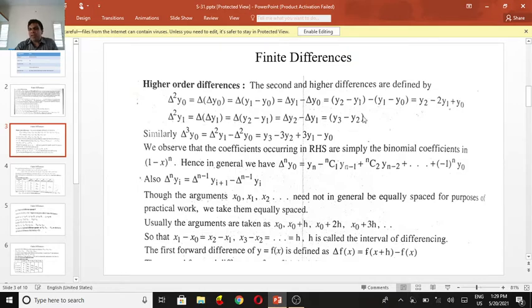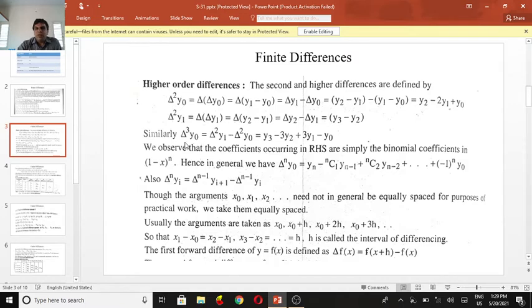Simplifying, we get y3 minus 2y2 plus y1.